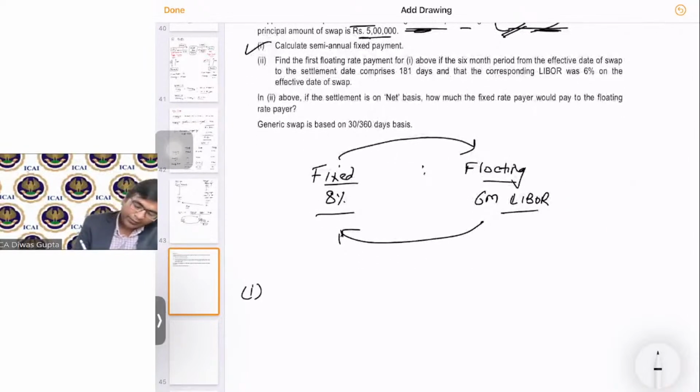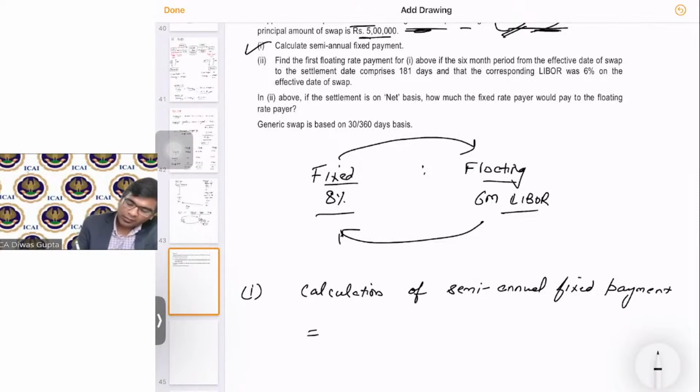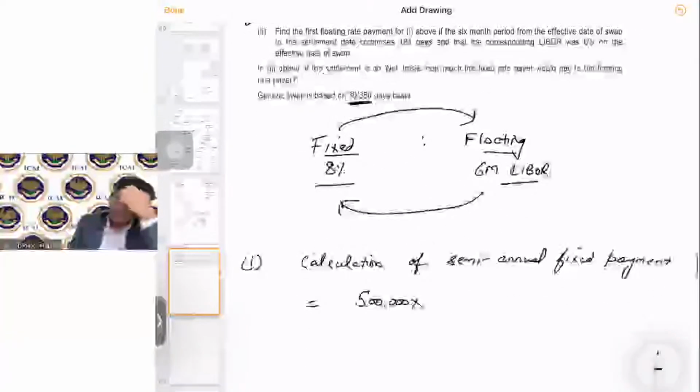So the first part, calculation of semi-annual fixed payment. 5 lakh. Plus they are also saying to use the convention of 30 by 360. So it is 6 months, we will say it is 180.